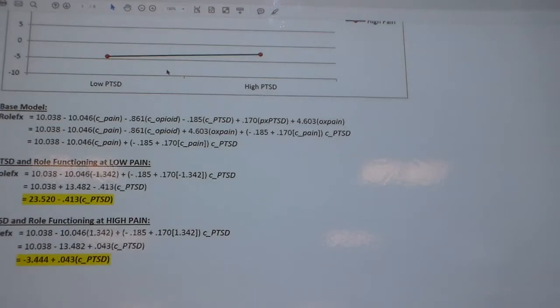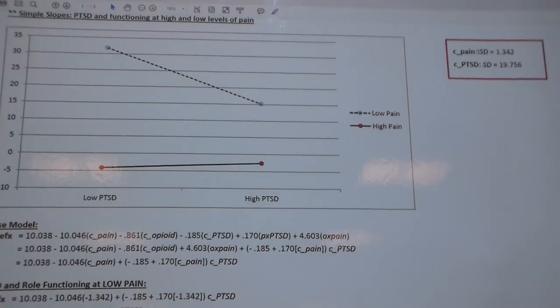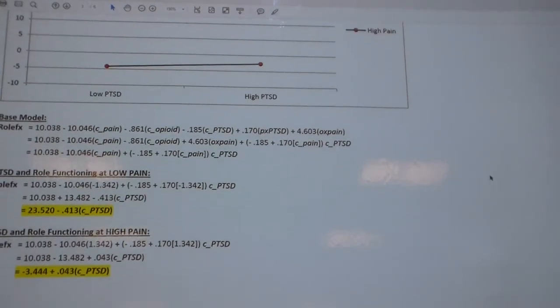Okay. And then what I'm going to do, if we go up and take a look, I'm looking at my standard deviation for pain, right? And I want to look at the relation of PTSD with role functioning at high and low levels of pain. So I'm going to take this equation that I've got here, right? And I'm going to start plugging in low levels of pain.